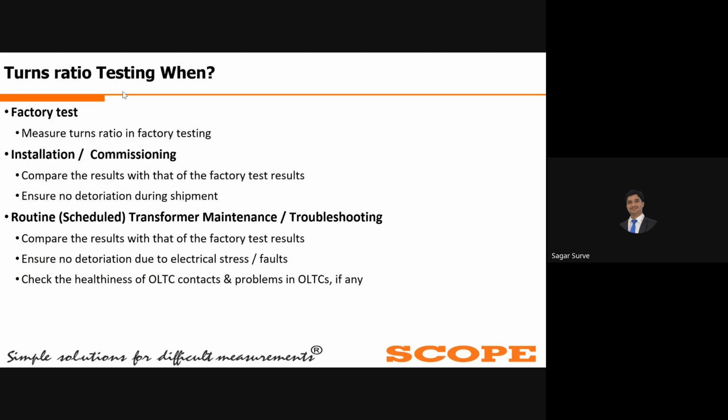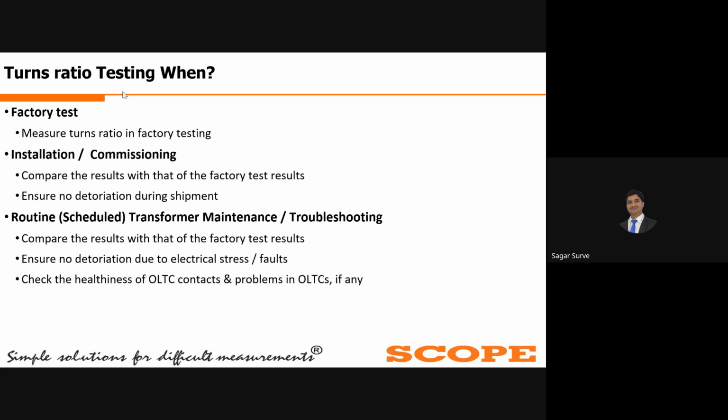Now, coming towards the transformer turns ratio measurement test. First of all, we'll see when we are going to conduct the transformer turns ratio test. It's a factory test. Of course, during the transformer manufacturing process, during quality checking, we conduct the transformer turns ratio test at the factory itself.